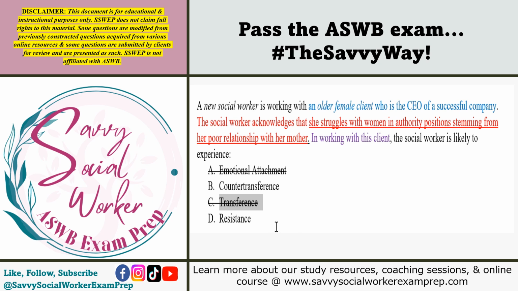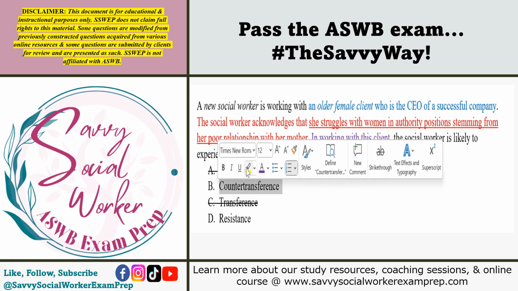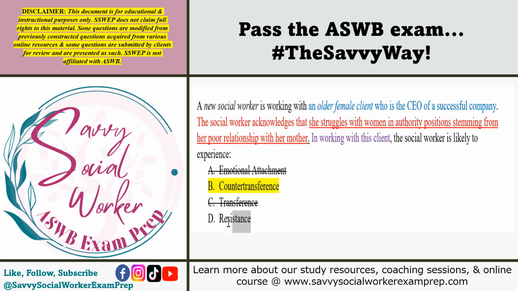That is possible, but because it lets us know that this is stemming from her poor relationship with her mother, it makes it more personal. So that would make it countertransference instead of resistance.